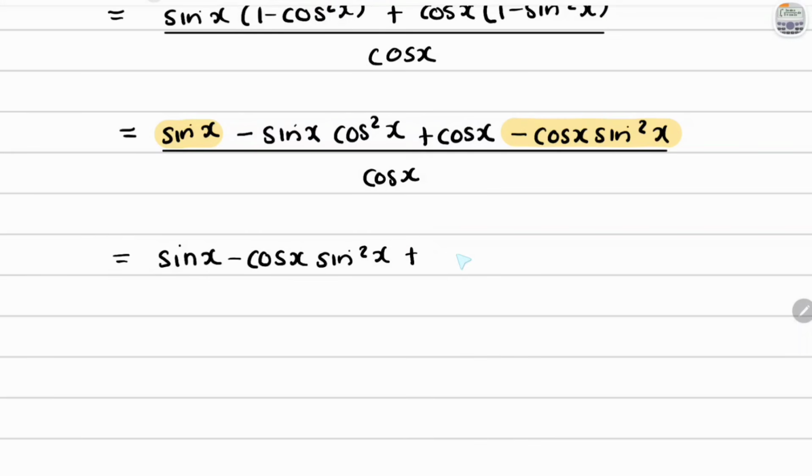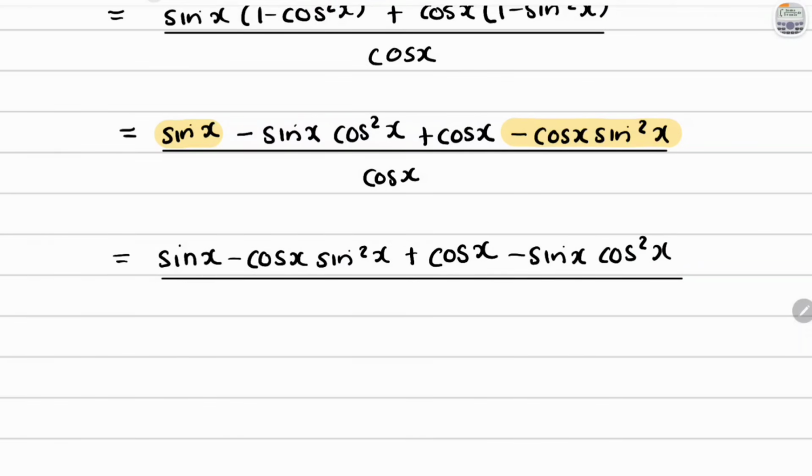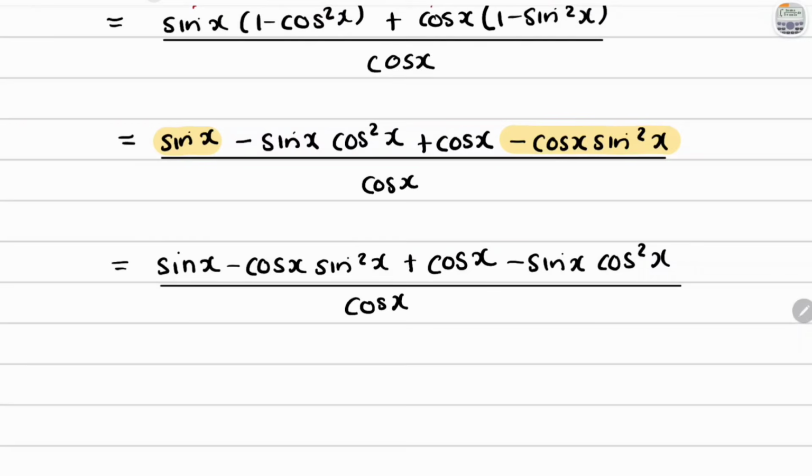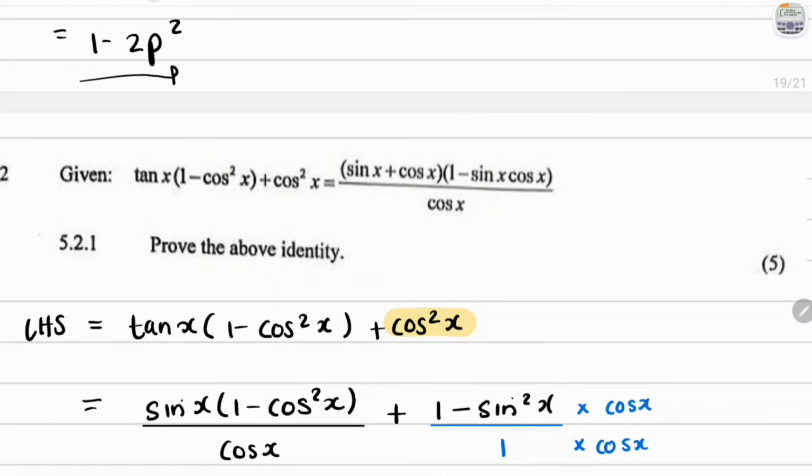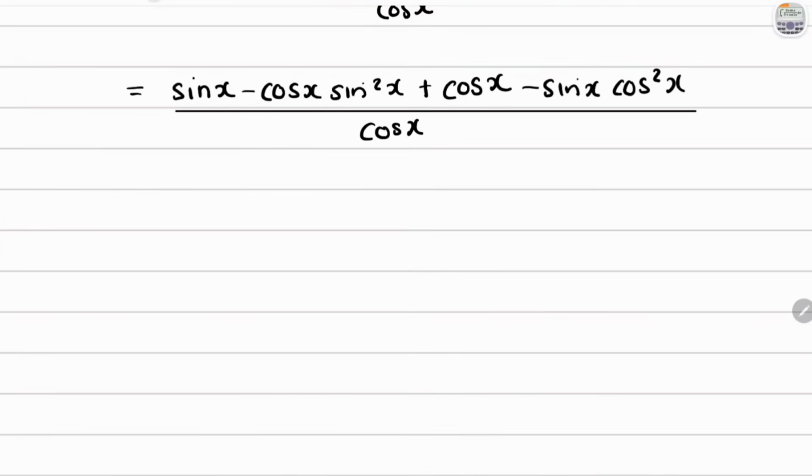So we say plus cos x, and then we have the minus sine x, and then cos squared x, all over cos x. So you see, it's really just constantly looking at the expression you have and comparing it to this, and trying to see what we should do next. If you just work through it by just simplifying, most of the time it doesn't always work out.